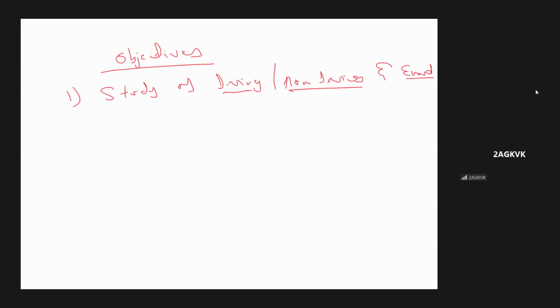Non-living are like oxygen depletion, nutritional deficiencies. All these come under plant pathology as such. And of course, the living, it is due to the organisms. That is the major part that we will be discussing. And number 2, the second objective is to study the mechanism of disease development.